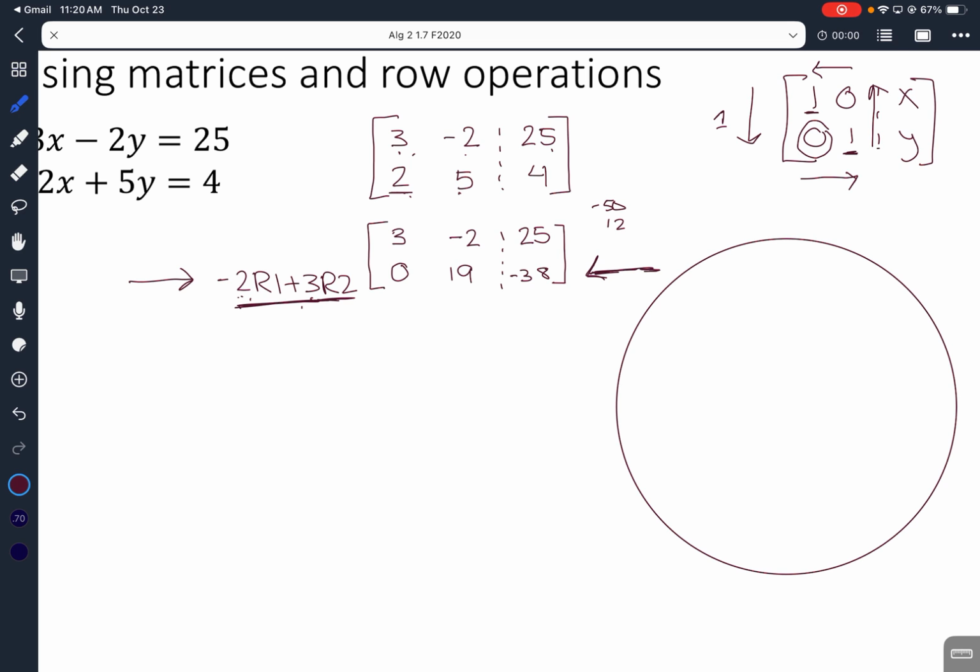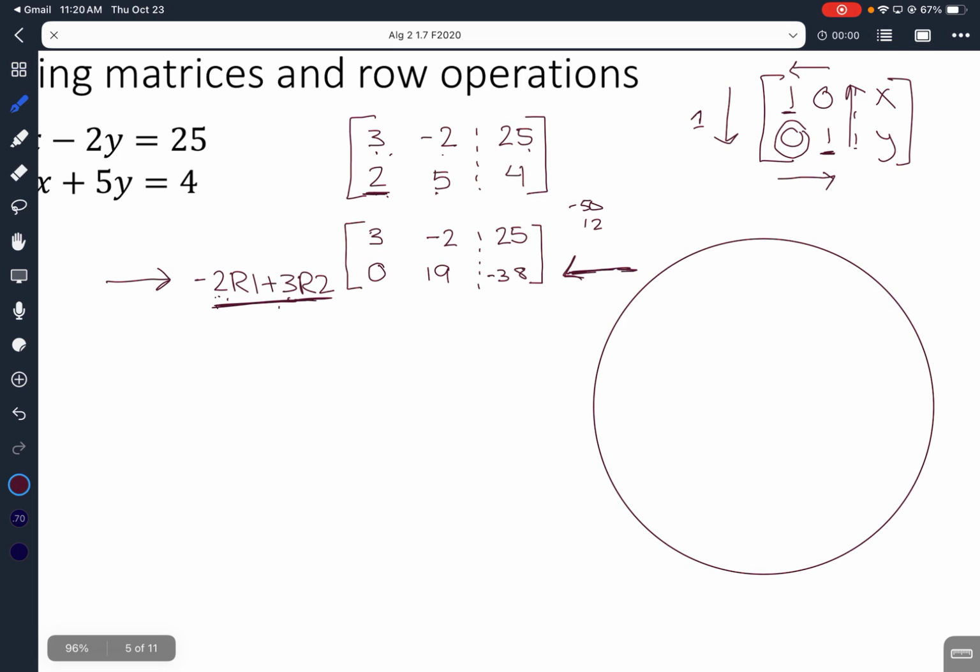No? Okay, I needed to eliminate this 2. So this one right here. Since I needed to eliminate that 2 and it's in column 1, I focused on row 1. So I have 3 and 2. The least common multiple of 3 and 2 is 6. So I multiplied the first row by negative 2 and the second by 3.